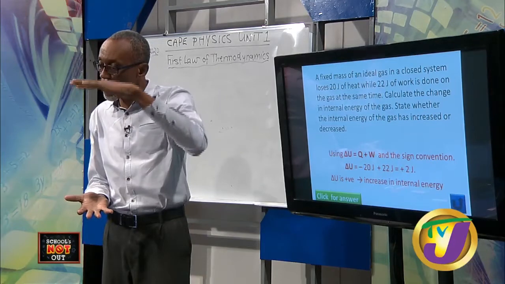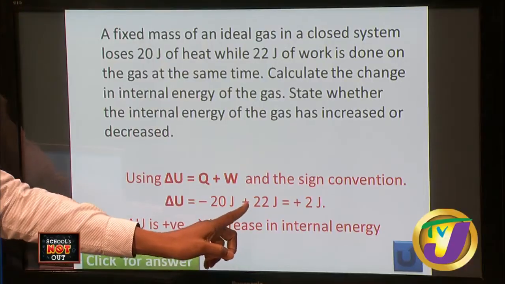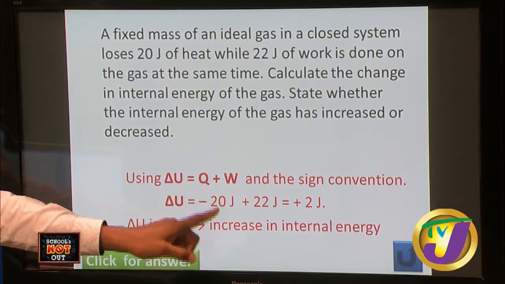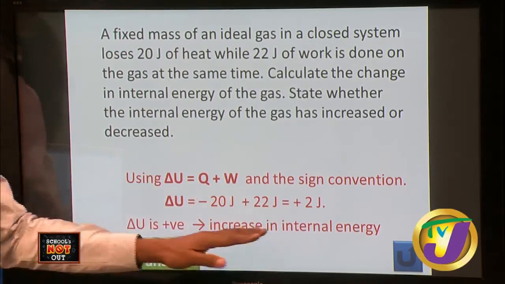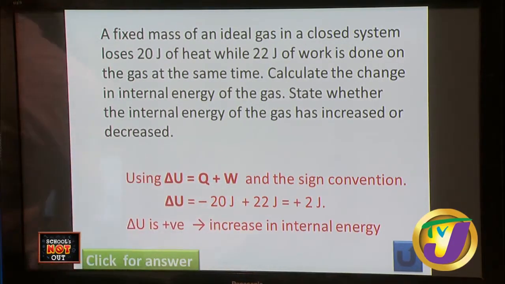That the gas is compressed and it's losing heat at the same time, and so the W is positive, so that the change in internal energy would be negative 20 plus 22, which would be 2 joules. Since delta U is positive, it means that there is an increase in the internal energy of the gas, so that the molecules of the gas would have been moving faster at the end of that process.